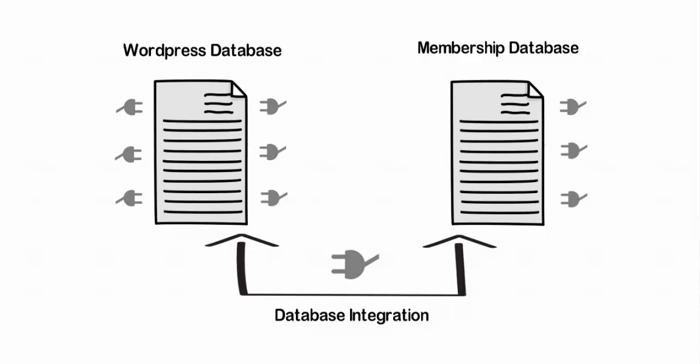So what this does is it allows you to run everything on your website a lot more efficiently, because you have your WordPress database on one side and your membership database on the other. That means you can run your WordPress website itself much more efficiently. You can upgrade it much more efficiently. You can add more plugins to it without breaking the system. And you can also run your membership site efficiently as well, with its own plugins and its own flow of database information.